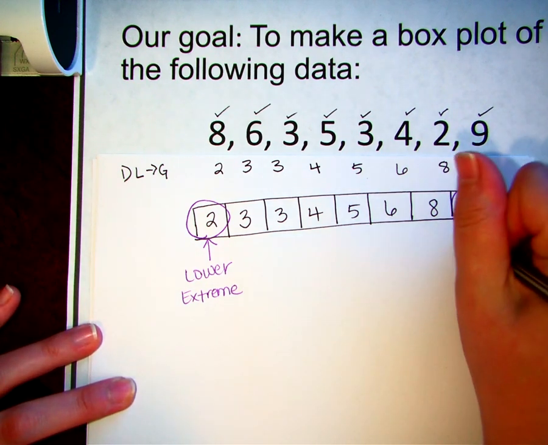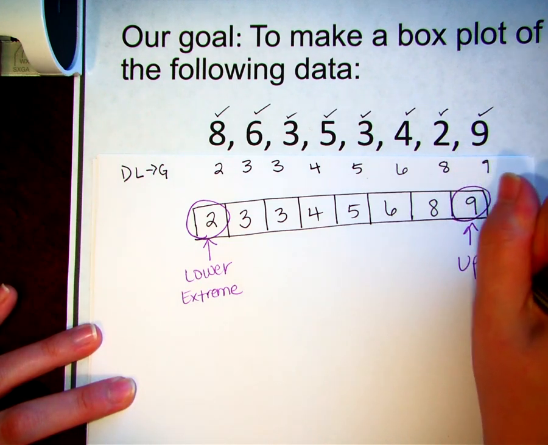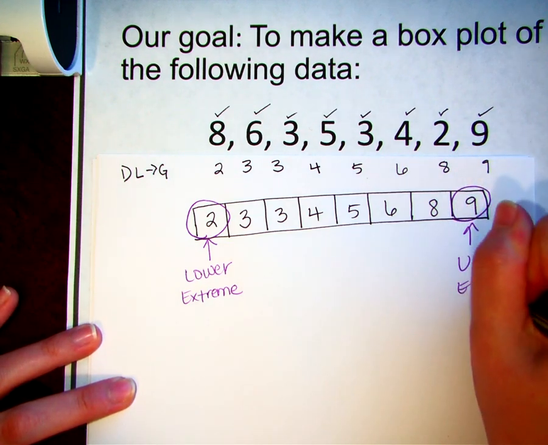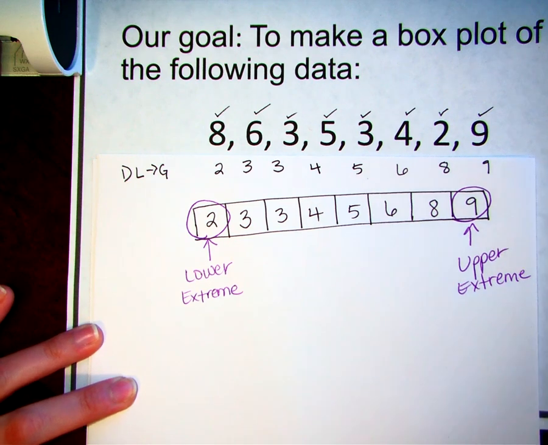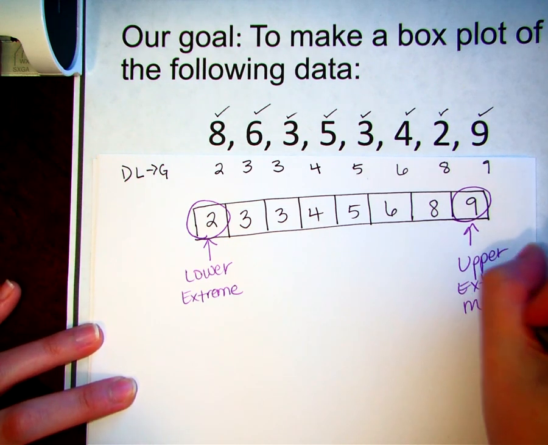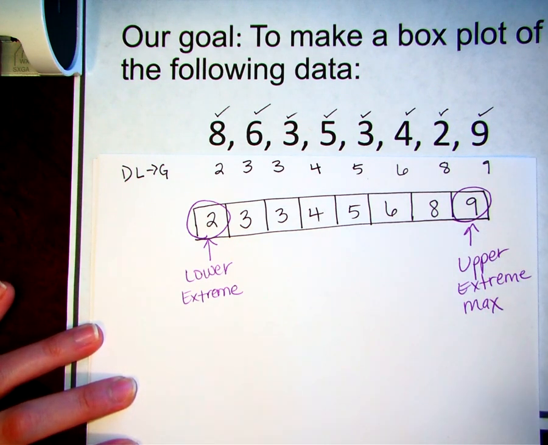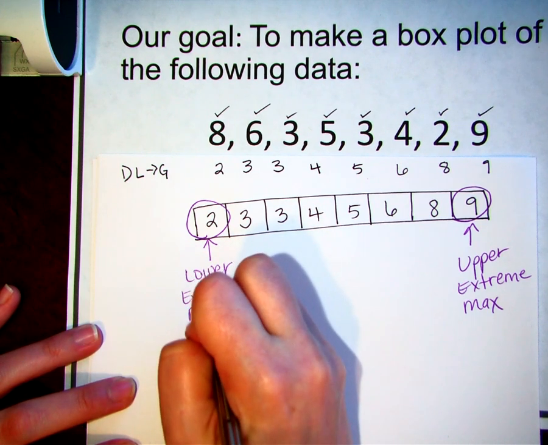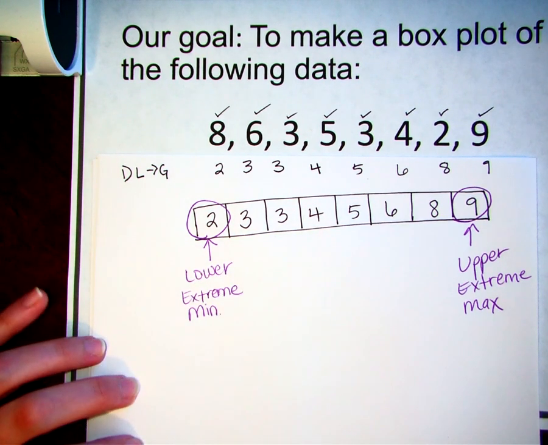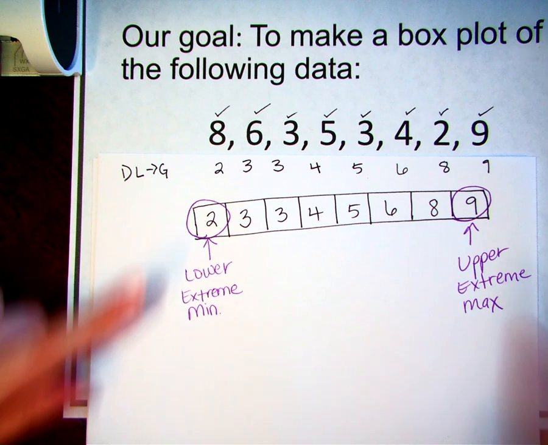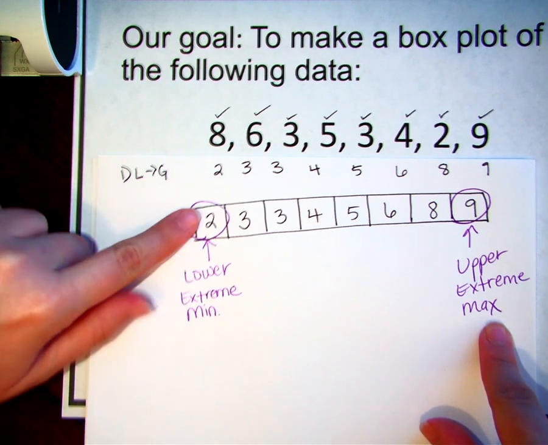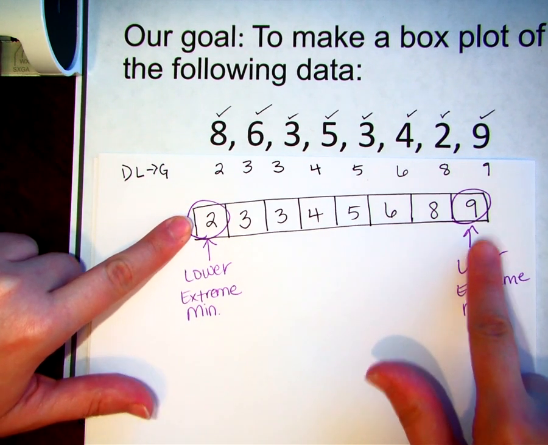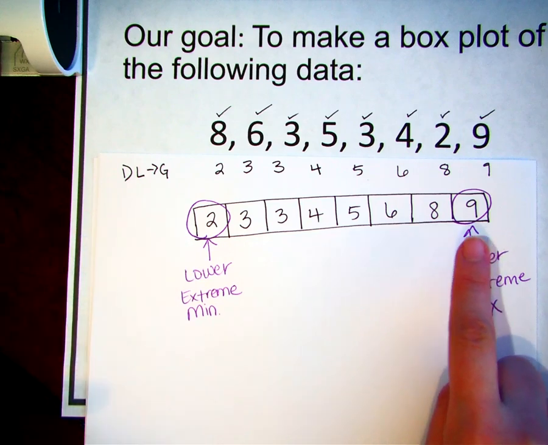So 9 would be our upper extreme. So our upper extreme could also be called our maximum. So I'm just going to put max there. And our lower extreme has also been known as the minimum value in the data. So those are the 2 easiest. This first number in the data, this is the last number in the data, and that's only when you list them from least to greatest.